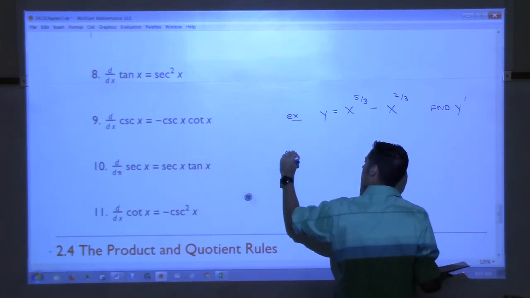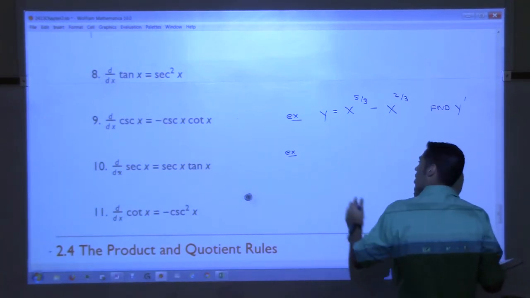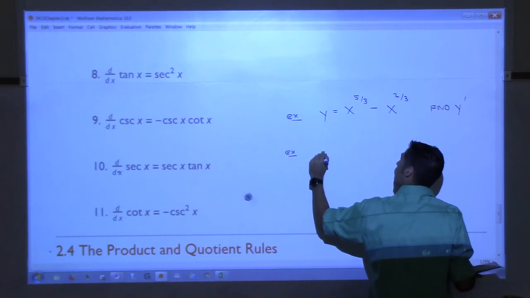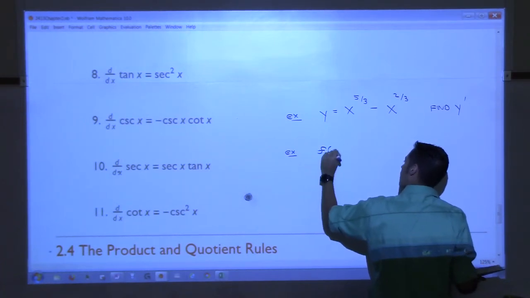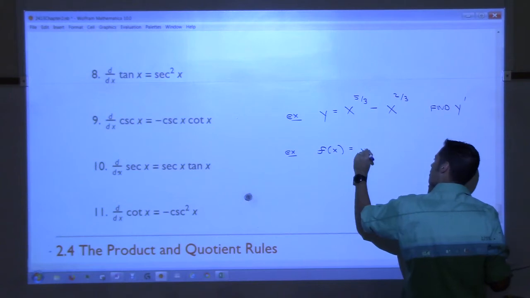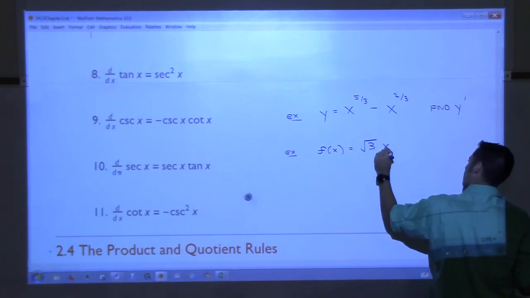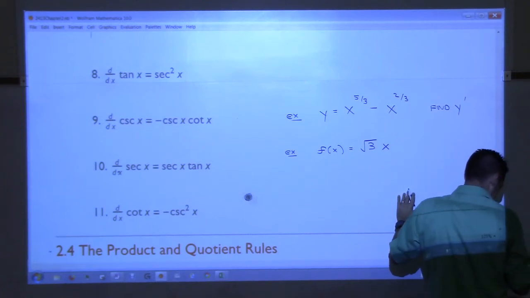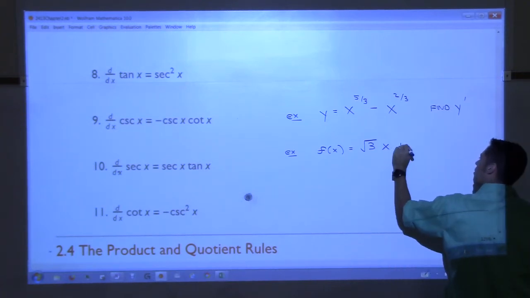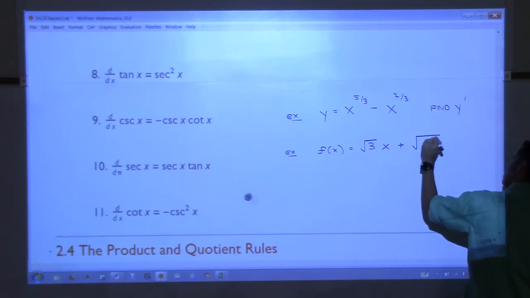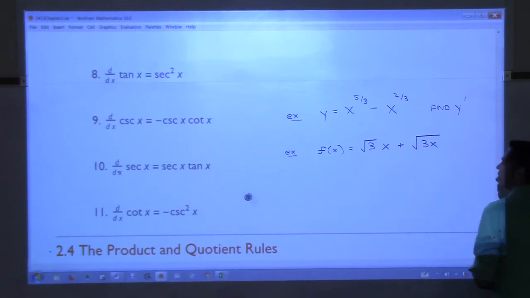Next example. F of x equals the square root of 3 times x, and then plus the square root of 3x.